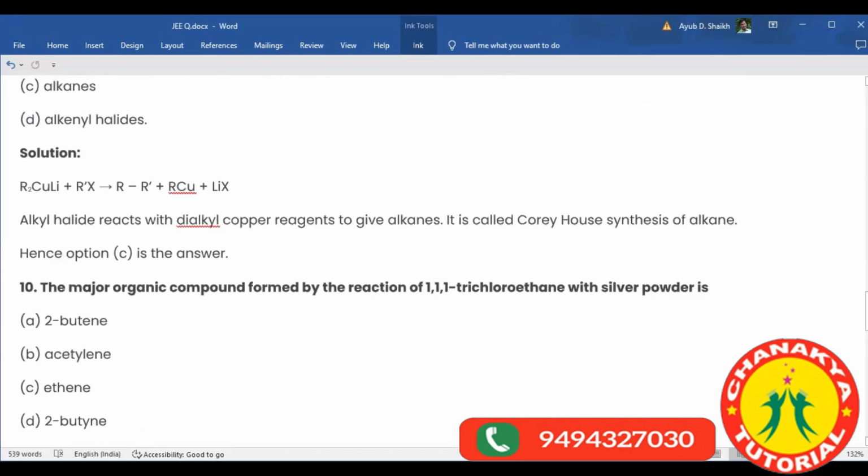The major organic compound formed by the reaction of 1,1,1-trichloroethane with silver powder is.